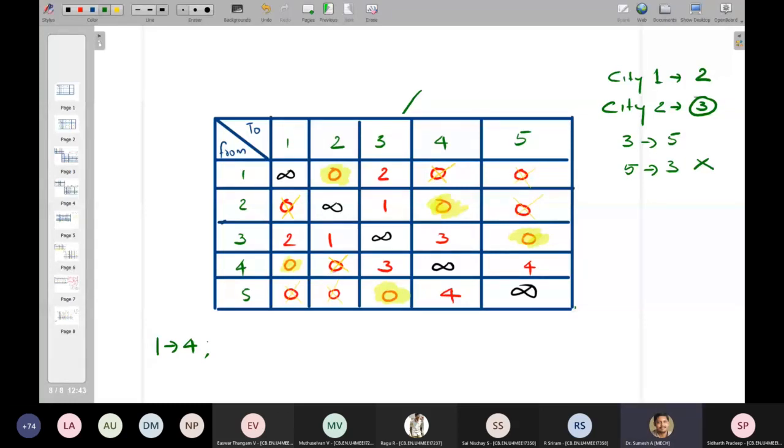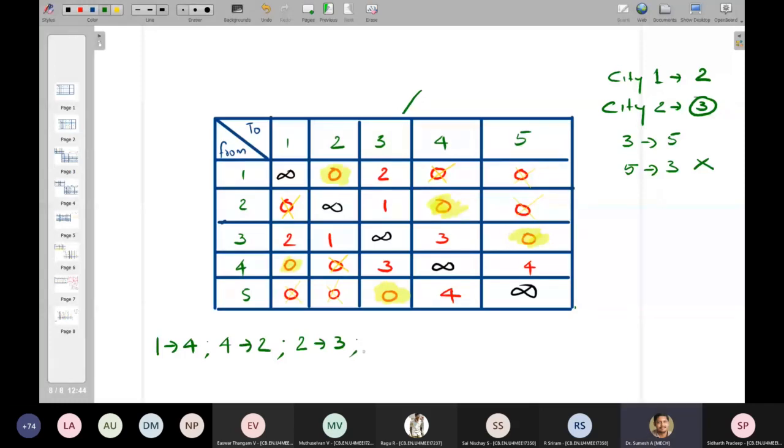Then I have considered this 1 into the problem. So by considering that 1, I can move from 2 to 3. Then already 0 is assigned over there, so I can move from 3 to 5.